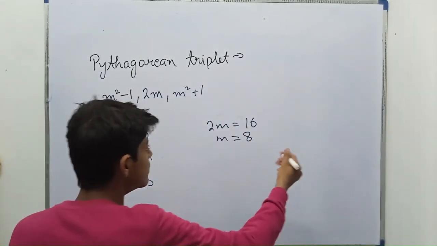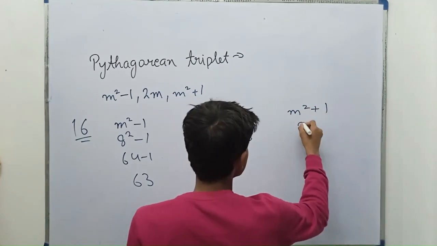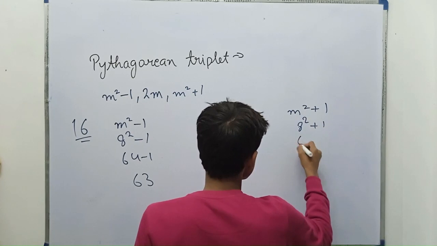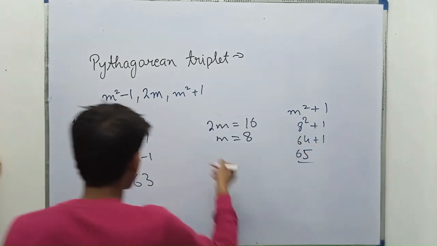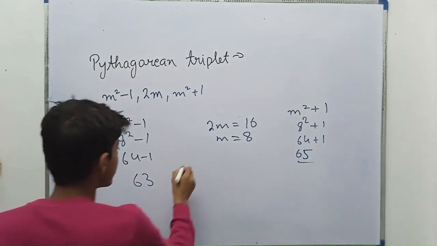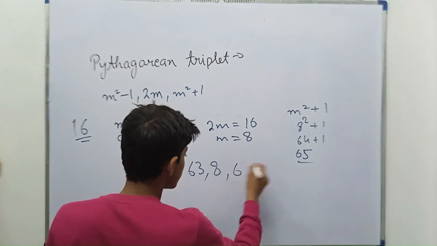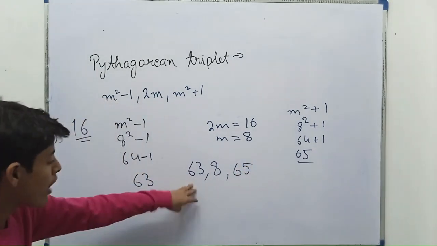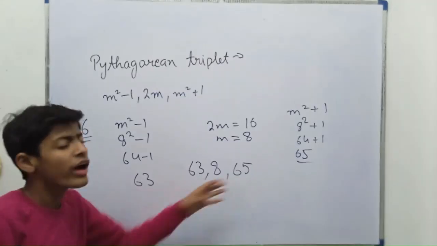And here m square plus 1, 8 square plus 1, 64 plus 1, is 65. So our Pythagorean triplet is 63, 16, 65. Meaning if we take the square of 63 and the square of 16, we will get the square of 65.